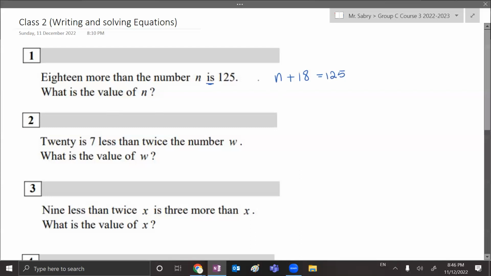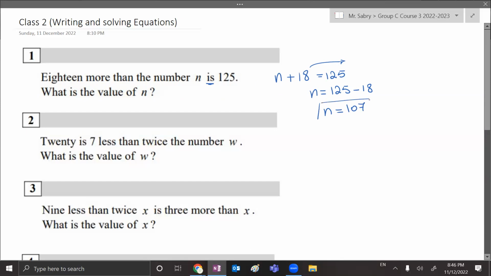What's the value of n? I'll just start to solve the equation. I'll move the 18 to the other side, and then n will be equal to 125 minus 18, which means n will be equal to 107.